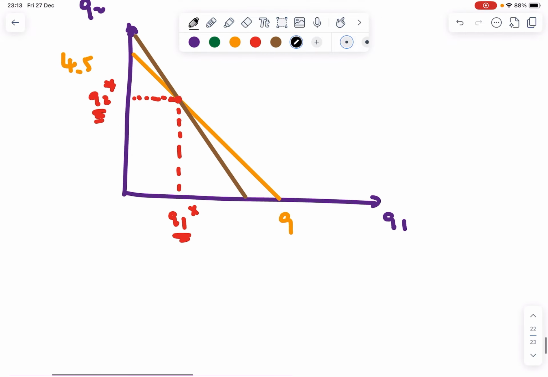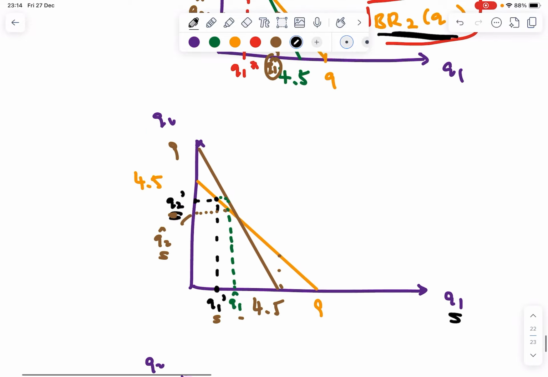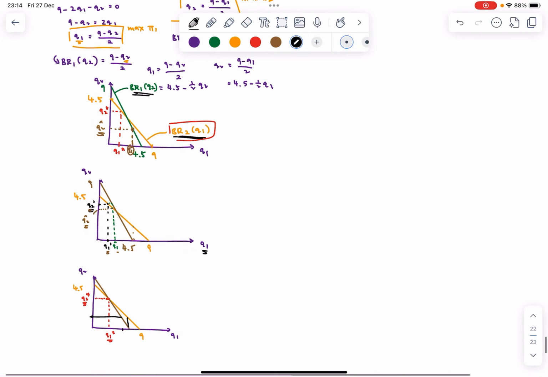So if firm 1 chooses to produce at this point, we know that firm 2 wants to produce here, but if firm 2 produces here, firm 1 wants to produce here. This is how we use the best response function to aid in our analysis.